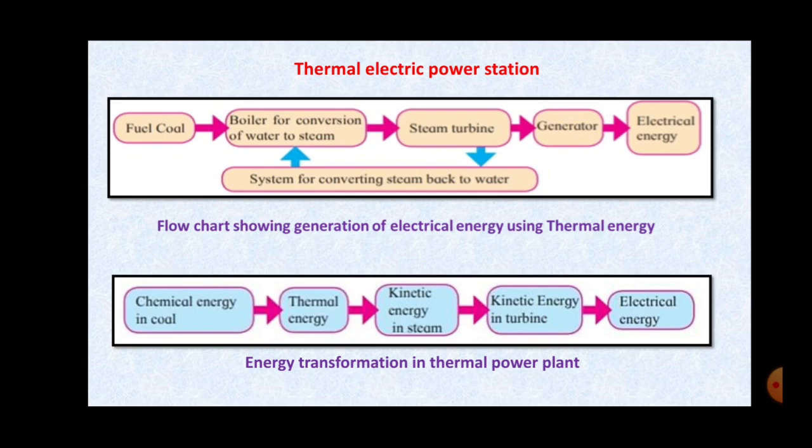Thus this rotation of water and steam goes on, and from the generator the electrical energy is generated. So this is all about the thermal electric power station, and the flow chart which is given below shows the conversion of energy. Chemical energy of coal is converted into thermal energy. Then kinetic energy present in the steam moves the turbine, and then the electrical energy is generated.